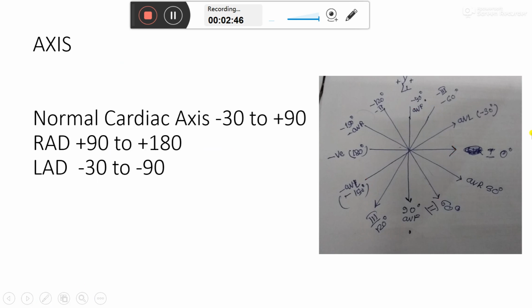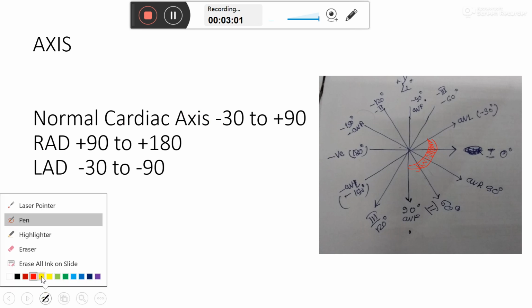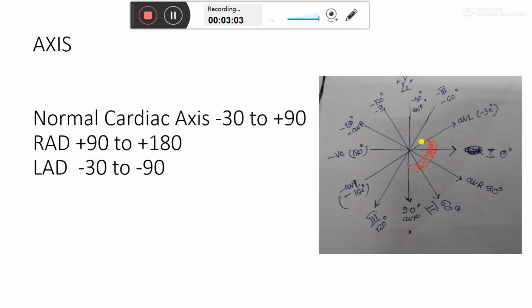Normally the axis of the heart is minus 30 to 90, meaning our cardiac axis remains in this part. If the cardiac axis comes in this part, minus 30 to minus 90, that is called left axis deviation.